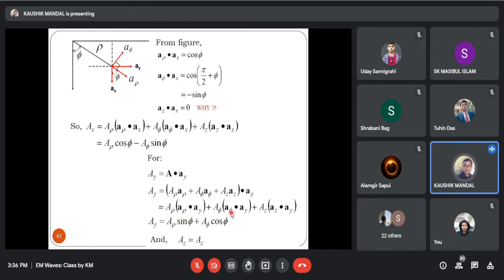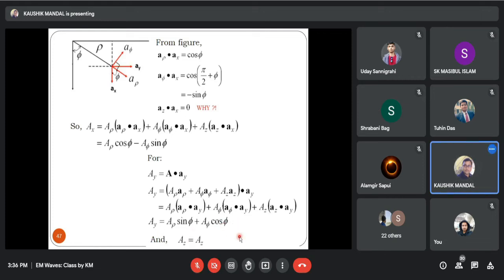Next one is a phi dot ay. It is also the angle phi, so it becomes cos phi. And az dot ay is 0. So ay becomes this one. And what about az?